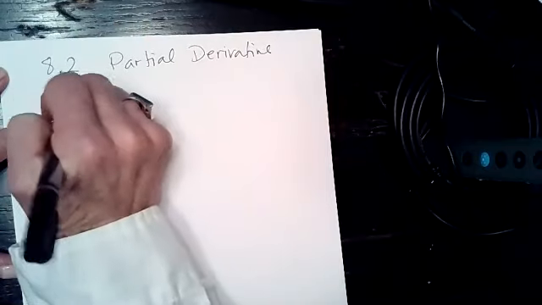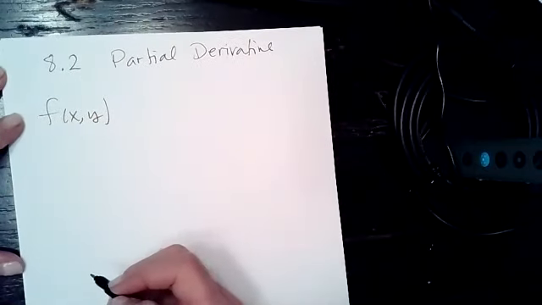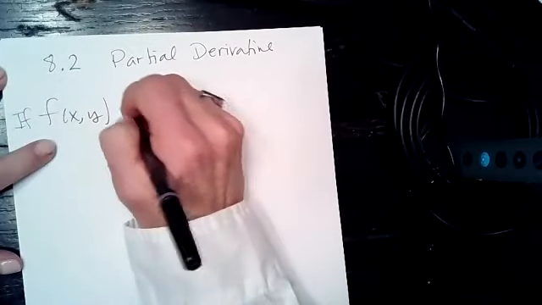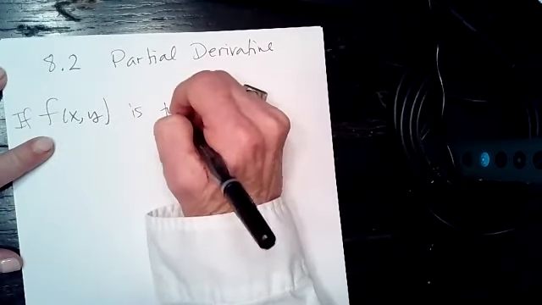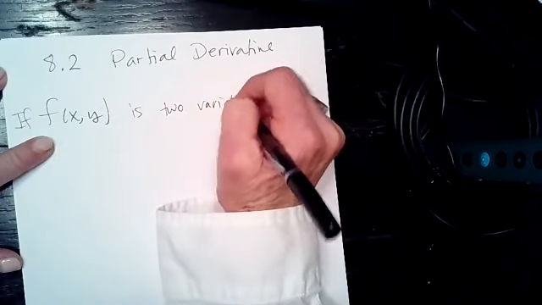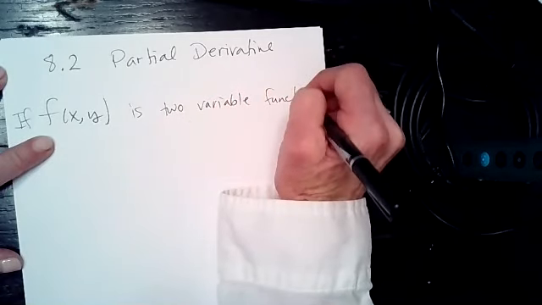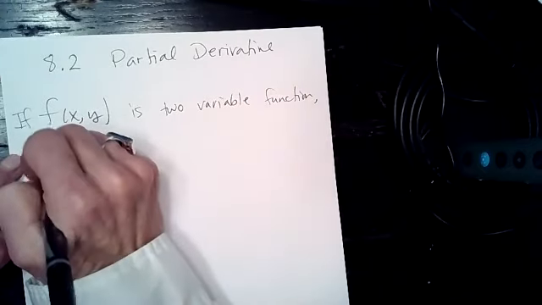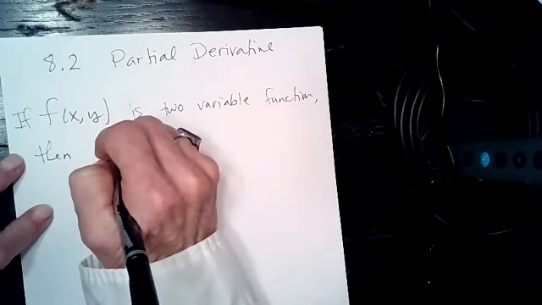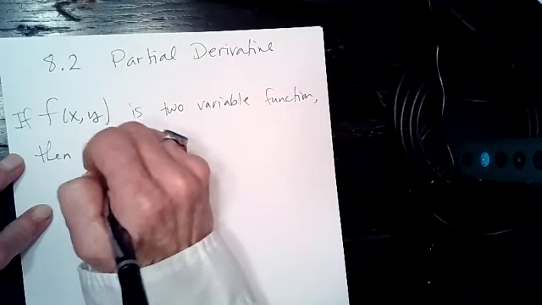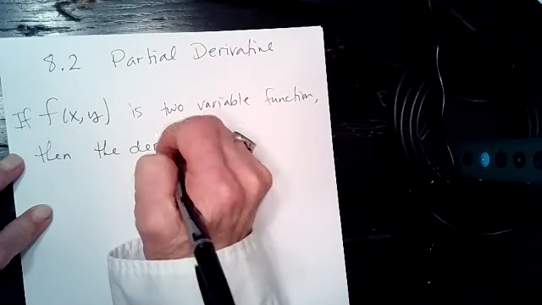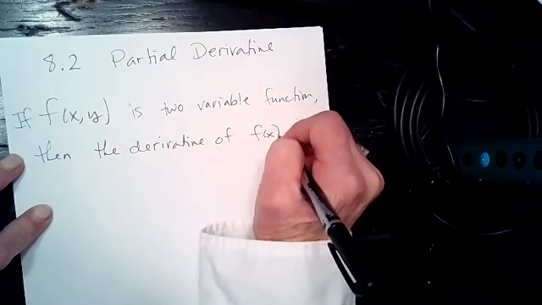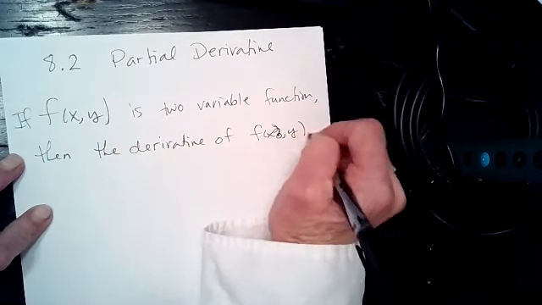Okay, so if I have a two-variable function, okay, then so if f of x, y is a two-variable function, then it has two first derivatives. It's the derivative of f of x, y.